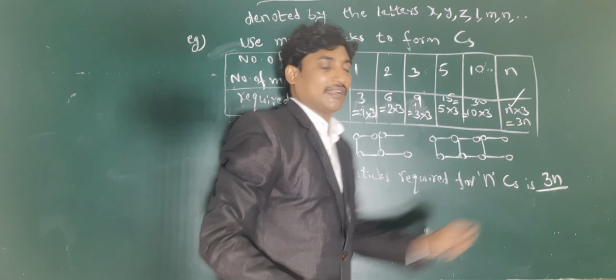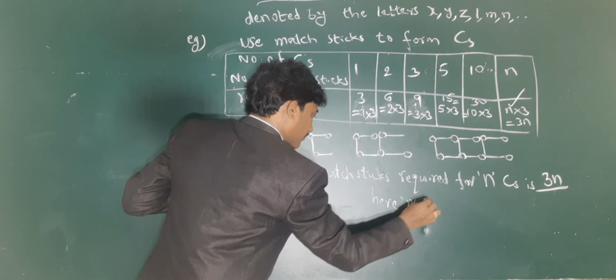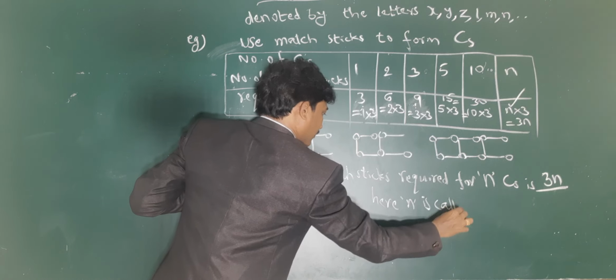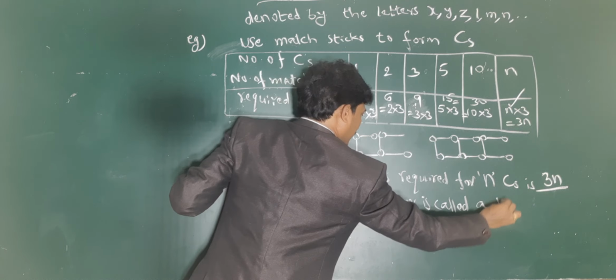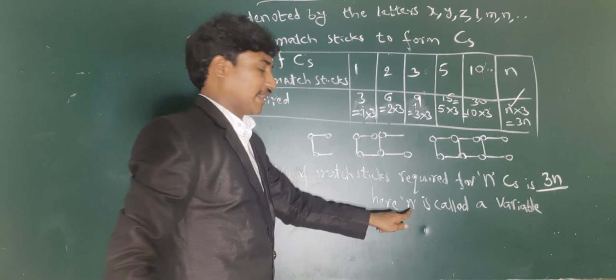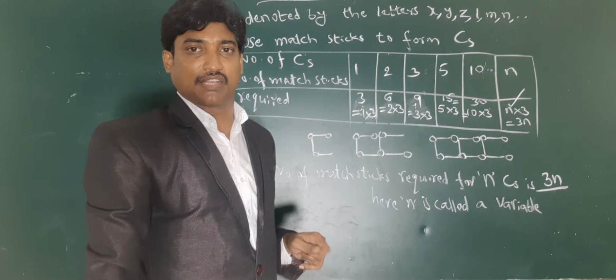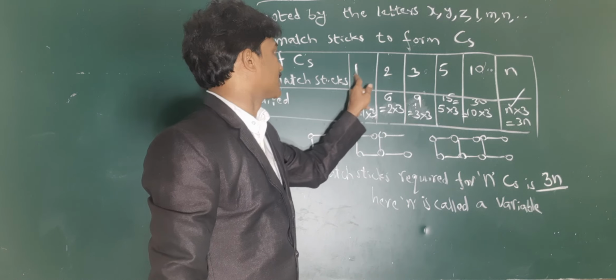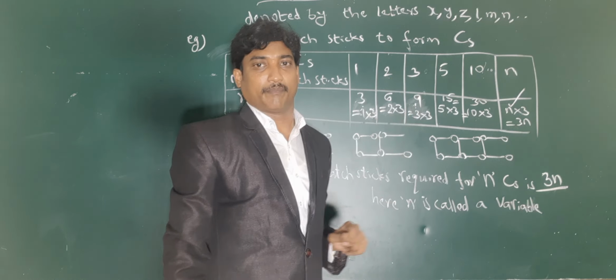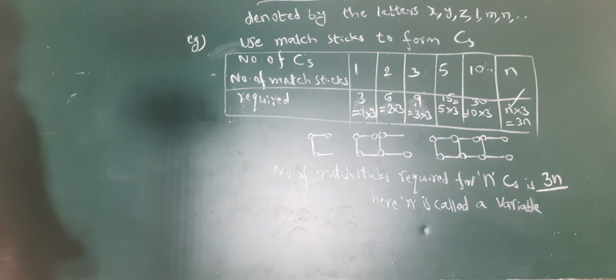Here n is called a variable. Here variable is a quantity that may take different values, that may change within the context of a mathematical problem. So that is about variable. Let us take one more example.